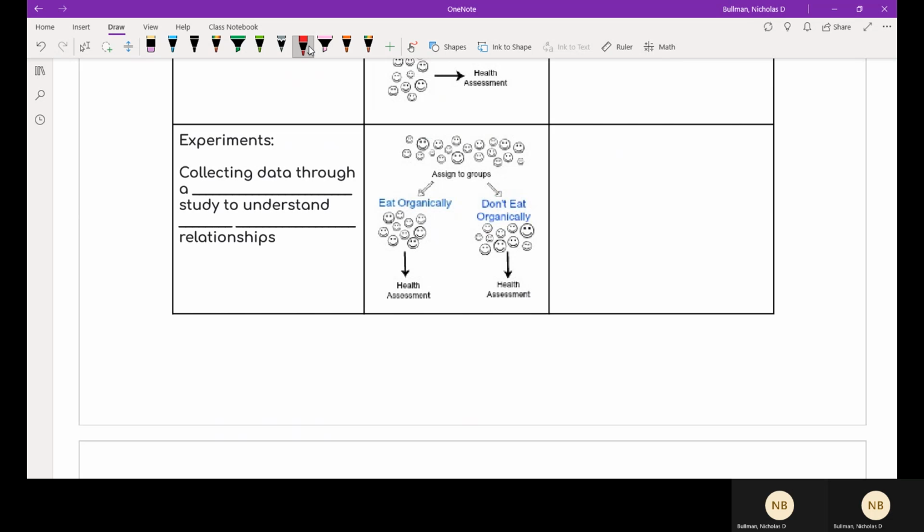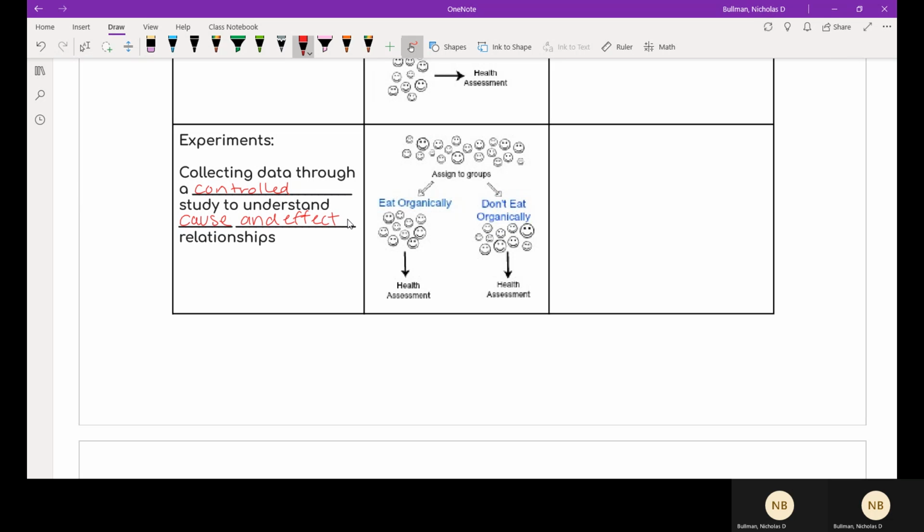It's collecting data through a controlled study to understand cause and effect relationships. So it's your cause and effect. If you give something, you want to see how it affects it, whether it's negative or positive.